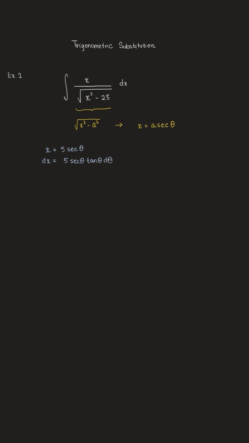And let's write our integral in terms of theta. So in the numerator we have x, which is 5 secant theta. In the denominator we have the square root of x squared, which is 25 secant squared theta, minus 25. And then dx now has to be written in terms of theta, and that will be 5 secant theta tangent theta d theta.